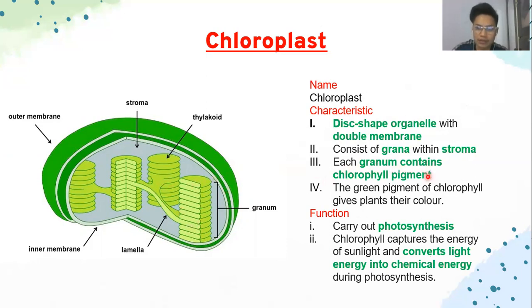Each granum contains chlorophyll pigment, and the green pigment of chlorophyll gives plants their color. So the plant's color is green because of the green pigment of chlorophyll. The function is to carry out photosynthesis, and chlorophyll captures the energy of sunlight and converts light energy into chemical energy during photosynthesis.